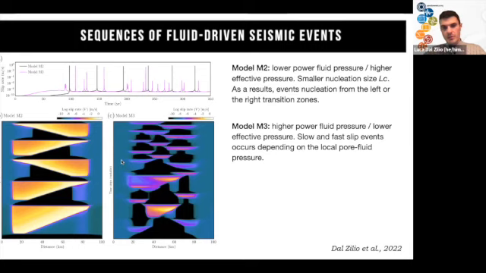When we already assume from the beginning a high pore fluid pressure, the system becomes more unstable in the sense that we can have slow slip events and seismic events within the same segment of the fault. And this is mostly controlled by the pore fluid pressure that we have right at the beginning of each event. And in the case of lower or higher pore fluid pressure, we can end up with a seismic event or a slow slip event.